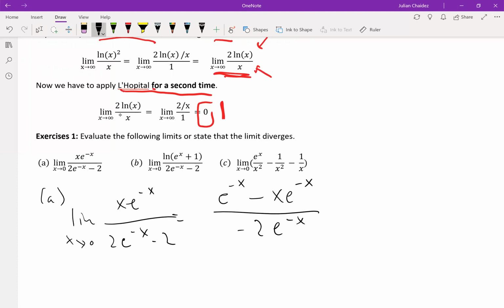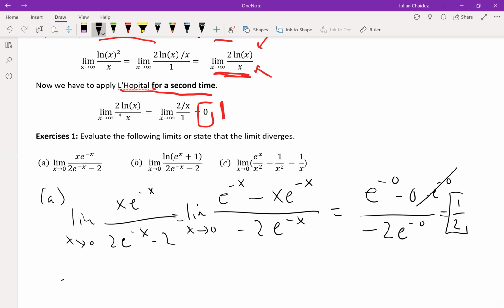So the limit of this as x goes to 0, both of these are well defined at 0. The top and the bottom both just have values at 0, so the limit is just the ratio of those values. On the top I have e to the negative 0 minus 0 times e to the negative 0, so that goes away. And then on the bottom I get negative 2 e to the negative 0. So the result is 1/2, which is pretty simple.